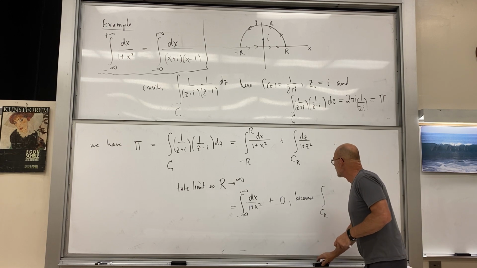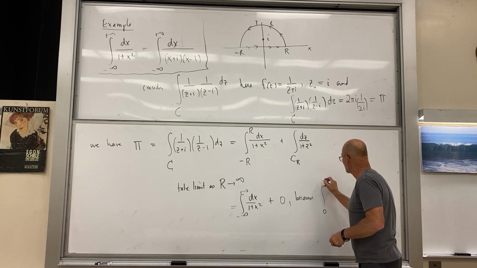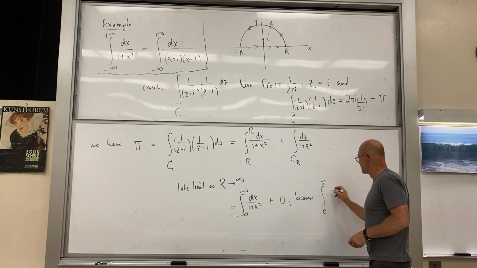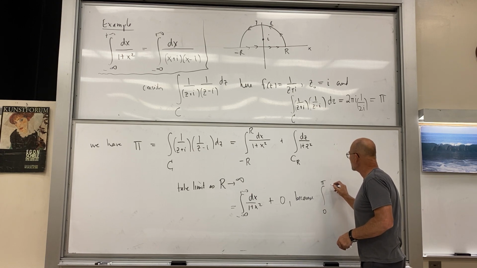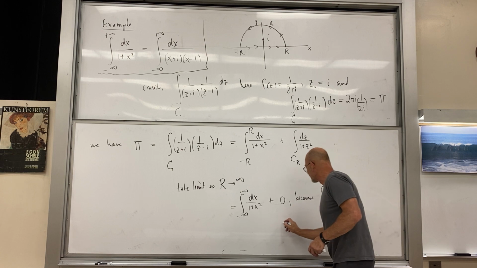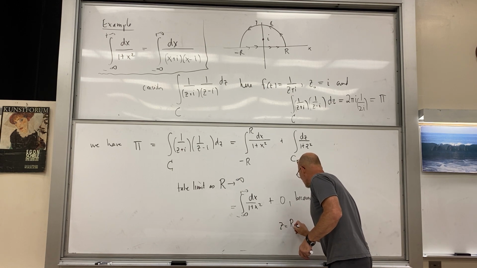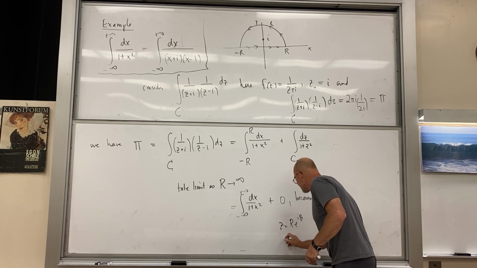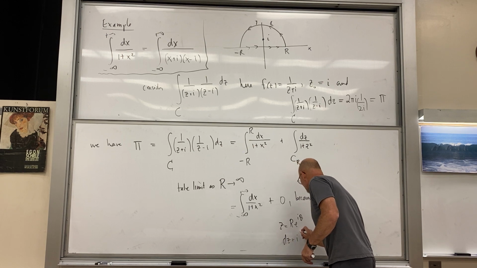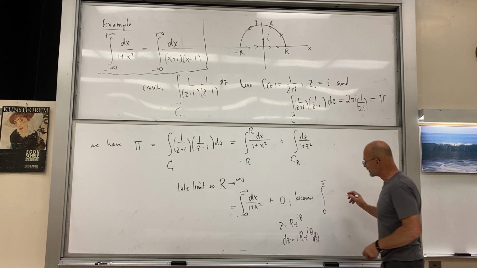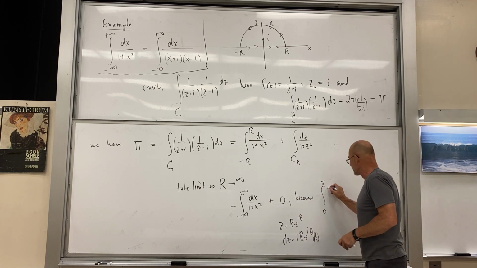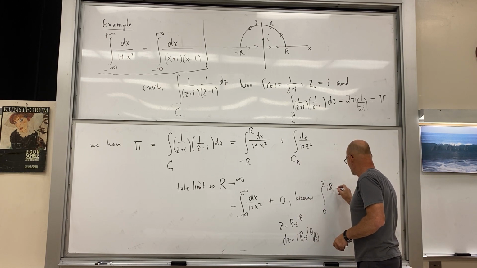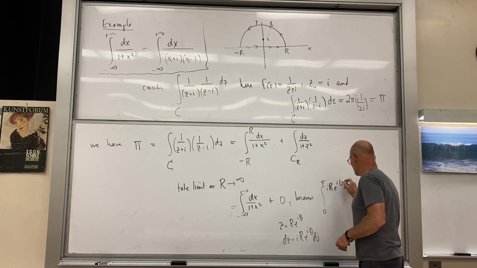So this one is from 0 to pi. Let's write z equals R e to the i theta, dz equals i R e to the i theta d theta. We've done this one a couple times, nothing wrong. So i R e to the i theta d theta.